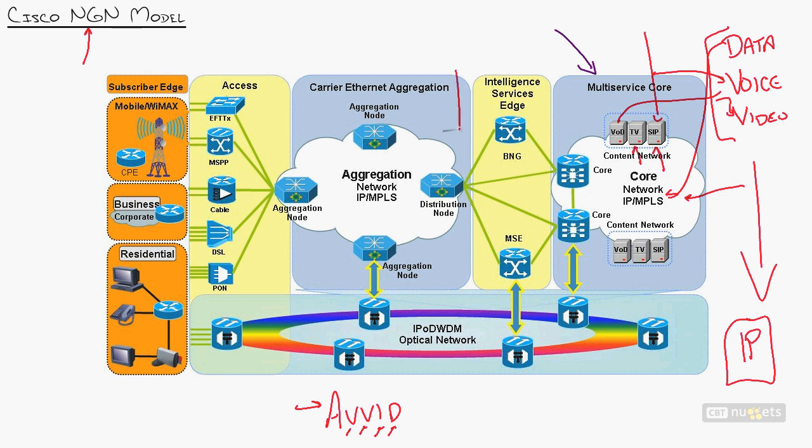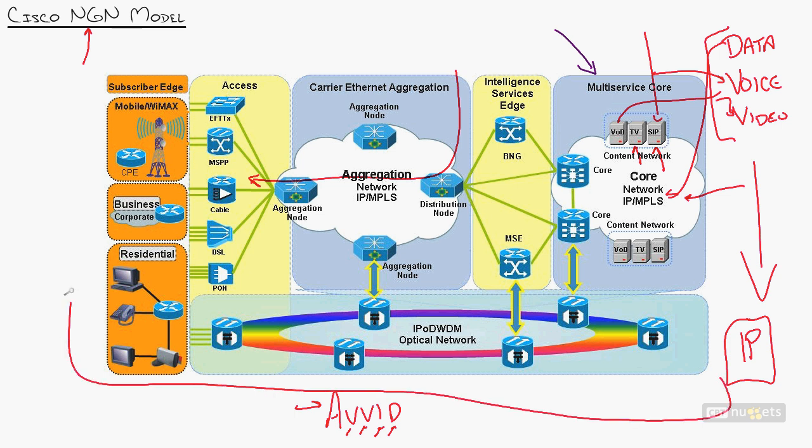So instead of sending it across the IP network, they'll carve out a different frequency and say, oh yeah, that's your cable TV. Or, oh yeah, that's your analog line. So it's not truly an IP-based system, but that's where Cisco wants people to go. That's what they truly consider a next generation network, one that does all of that using the IP protocol.